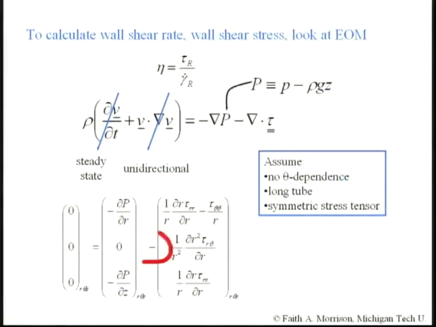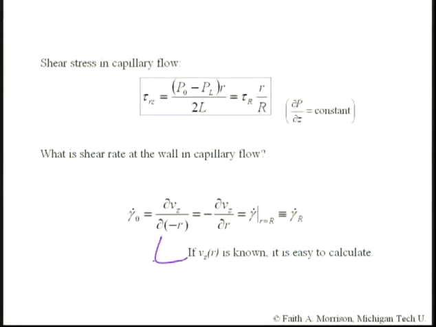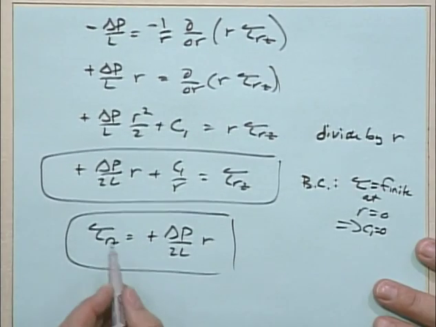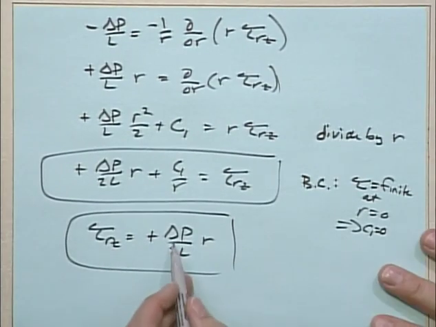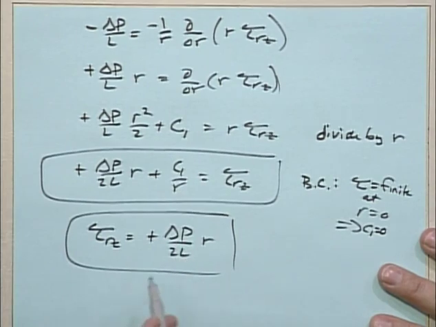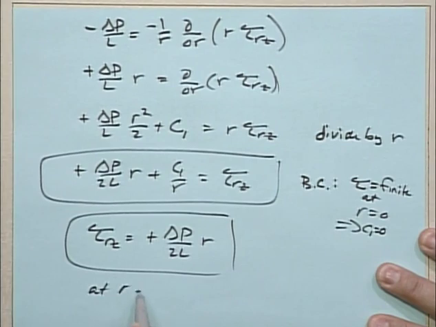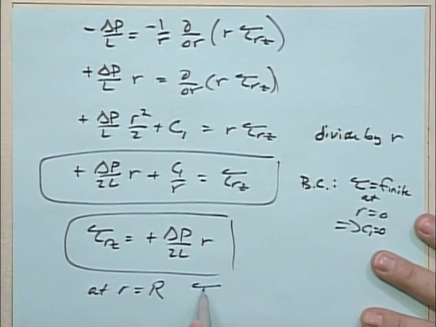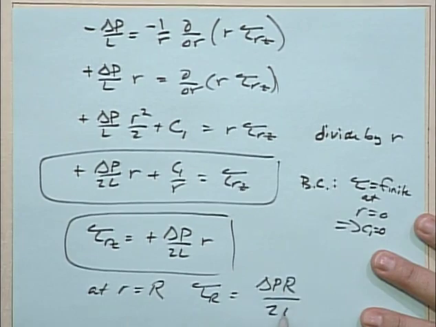I missed the minus sign in front of the grad tau. So the shear stress in a capillary tube is delta P r over 2L. And at the wall, which is the one we were interested in, tau R, it's delta P capital R over 2L.